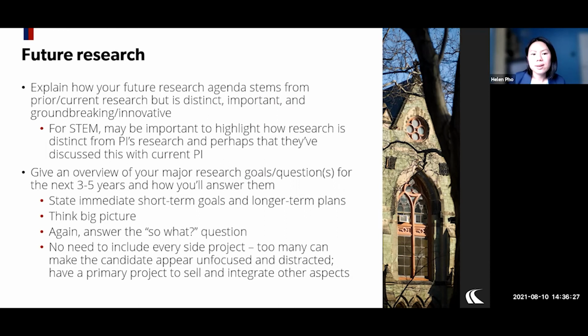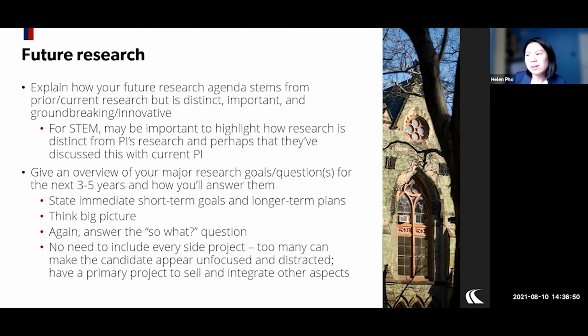So again, the thread needs to be clear. How does it all logically tie together between your past, current, and future research? So you'll want to explain how your future research agenda stems from prior and current research that you've done, but is also distinct, important, groundbreaking, and innovative.